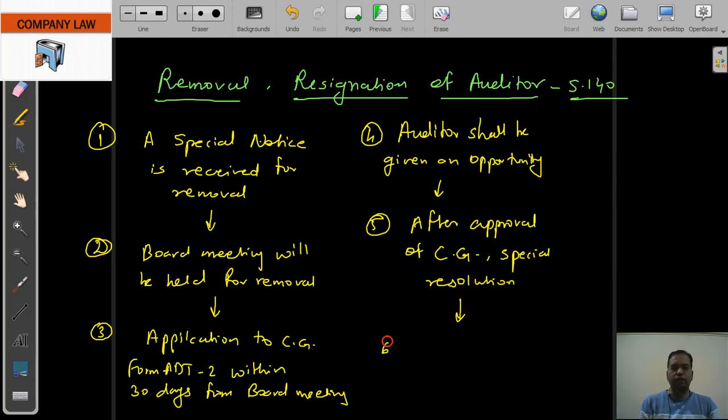And then step 6: the auditor can be removed. So it's not an easy process where shareholders alone can take the decision, because once you appoint the auditor, he may give some remarks and observations to the company, so he should be protected properly, and every opportunity should be given to him to represent himself. In this way he may be removed from the company.